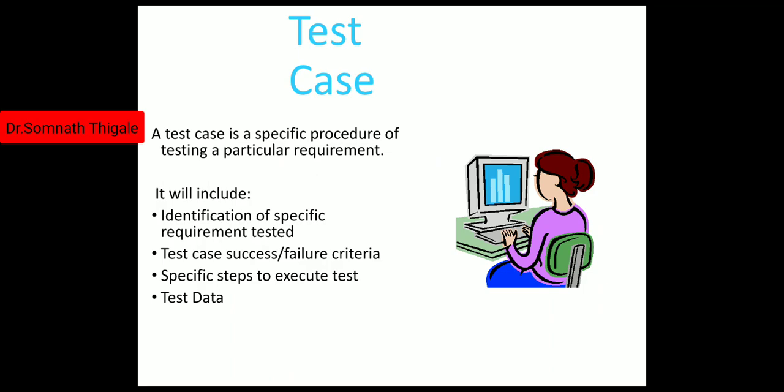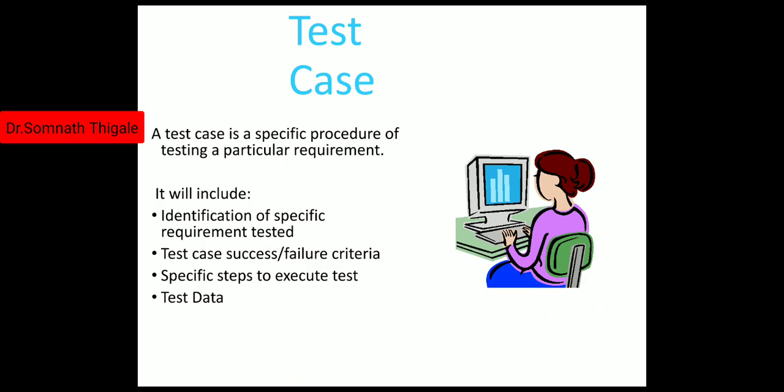The simplest idea is that a test case is one document which covers inputs towards the output, meaning the expected result, the actual result, and a comparison of them. To complete the testing, you need some inputs from the user side, and all these things are collected in one document, which we call the test case document.